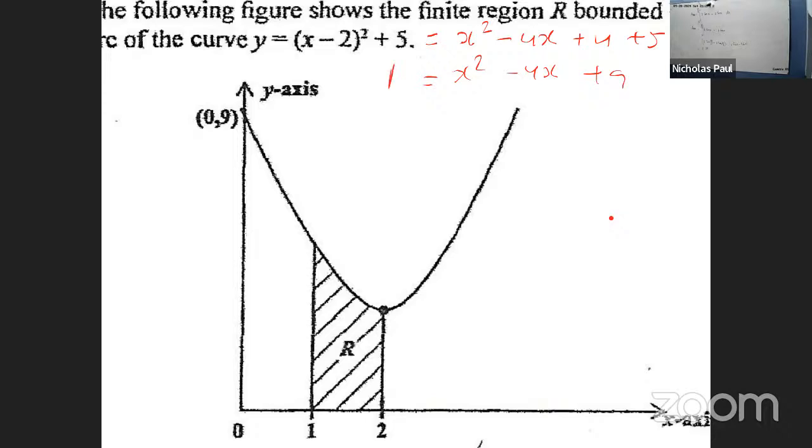And then to find the area, you integrate between 2 and 1. So that would be x cubed on 3 minus 4x squared on 2 plus 9x. Then plug in 2 and plug in 1.